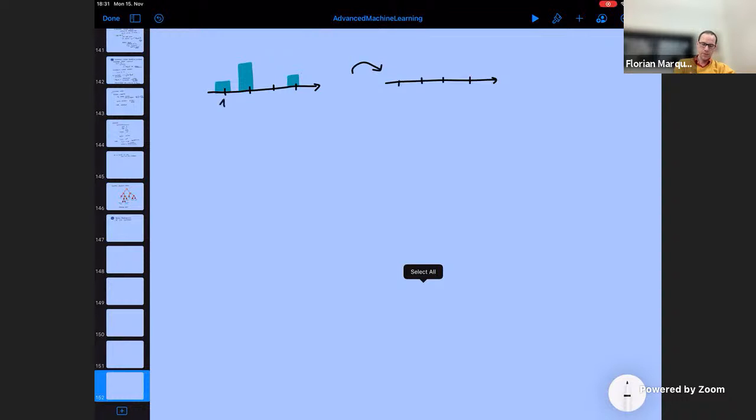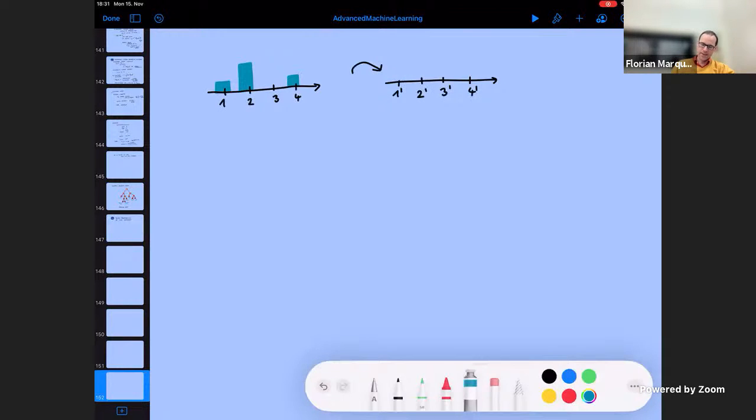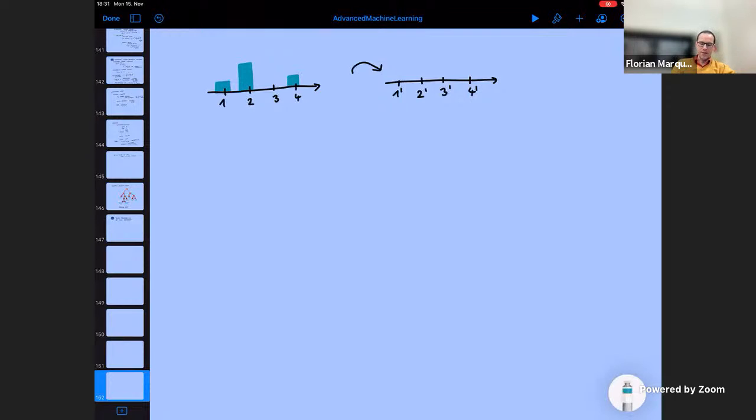So these were labeled 1, 2, 3, 4. Maybe I can label them 1 prime, 2 prime, 3 prime, 4 prime. But now let's say whatever had been 4 previously, I have now labeled 3 prime. So the probability appears here. Whatever had been 2 previously, I now label 1 prime. And so on.